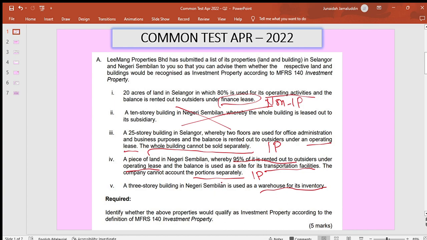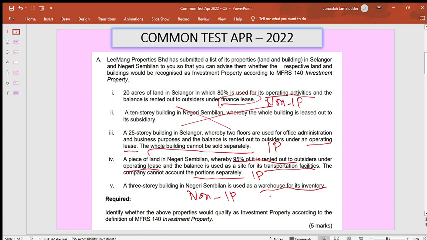So this building should not be qualified as an investment property. So for property number 5, this is actually a non-IP, because it does not meet the definition of IP. It is used for provision of service, or it is used for the business operation of this company.